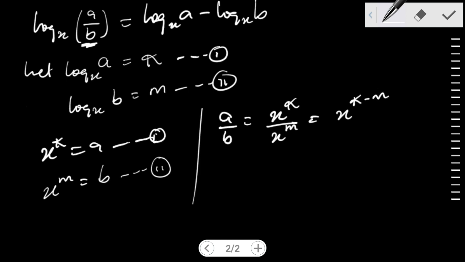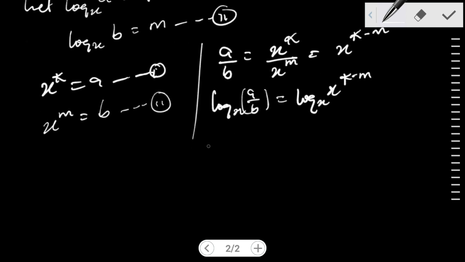Now let's introduce the log to the base x again. So log_x of a over b should be equal to log_x of x to the power k minus m, and therefore log_x (a/b) equals k minus m.